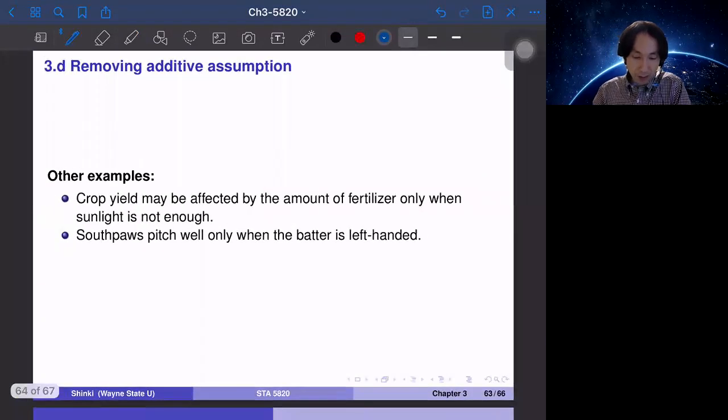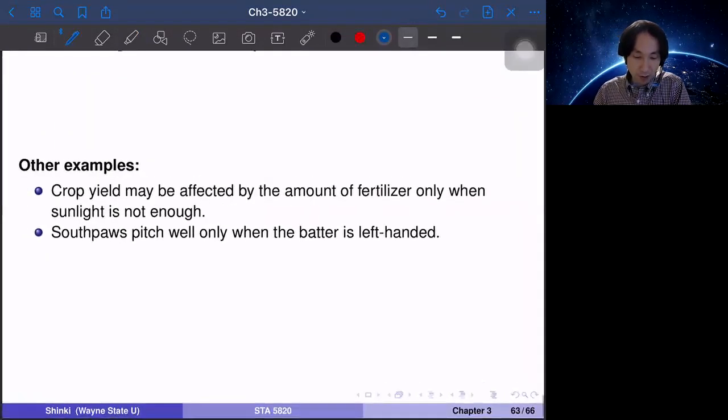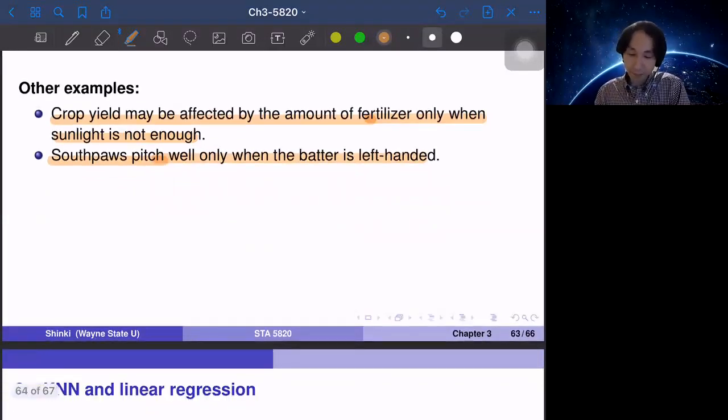Yeah, so there are some examples in which we can expect interaction. For example, crop yield may be affected by the amount of fertilizer only when sunlight is not enough. Or southpaws pitch well only when the batter is left-handed. This is also another interaction.